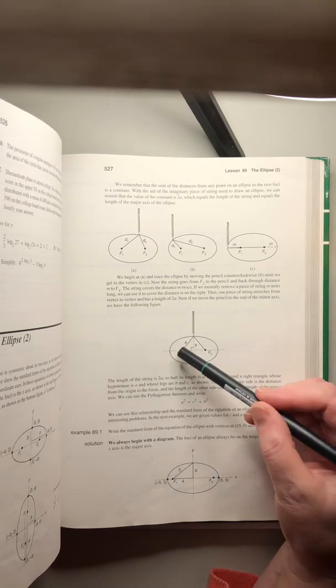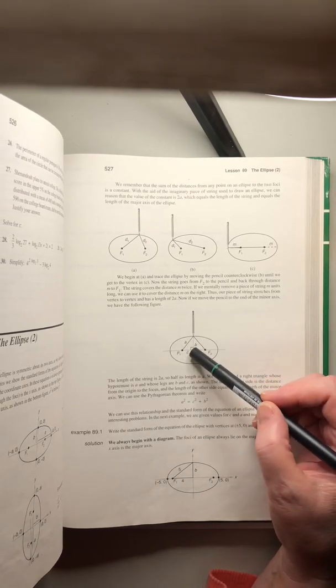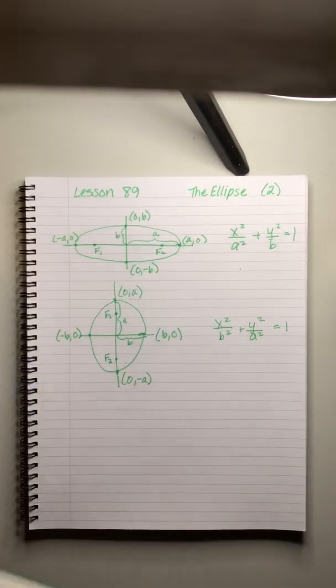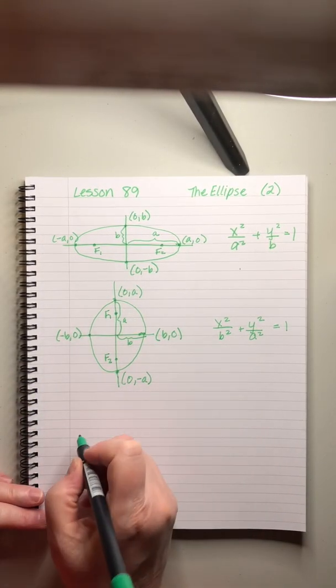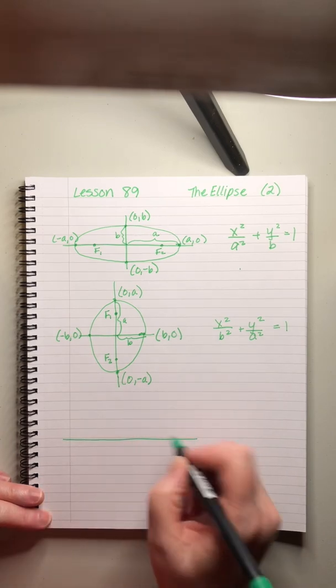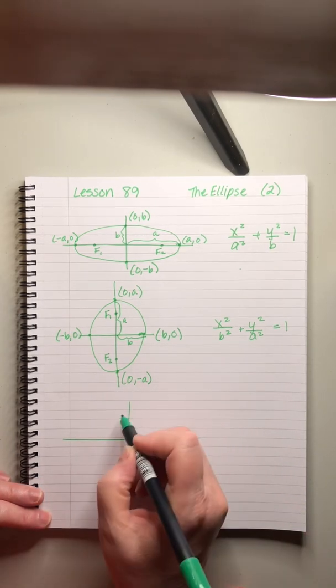What we're going to do is put this fact to work now, and I'm going to draw this triangle on my paper. It's a triangle buried in the ellipse. I'm going to put it on the grid so that it's easier to see the whole thing.